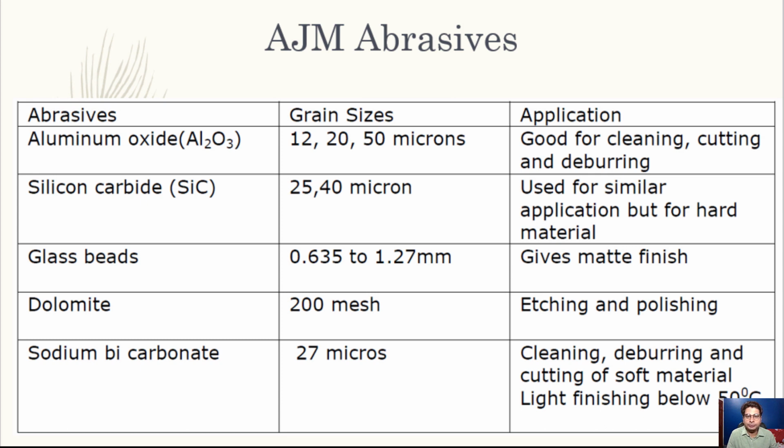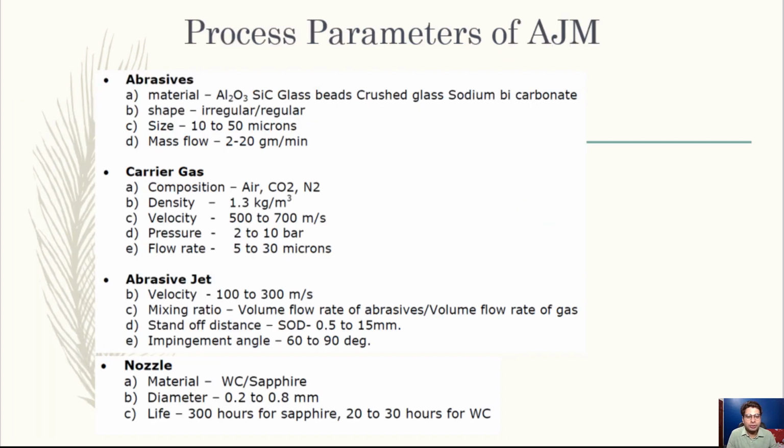Now coming on to the process parameters listed over here, we can see that the process parameters include the abrasive, carrier gas, abrasive jet, the mixing and the nozzle. For abrasive material, as we have studied, Al2O3, silicon carbide and glass bead may be used of different sizes for different applications.